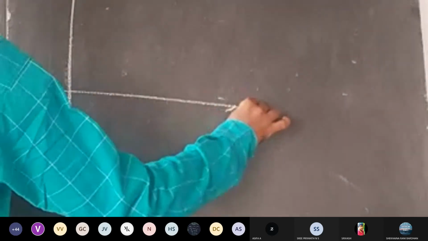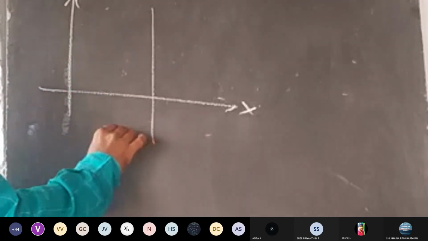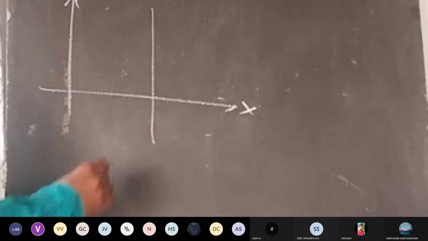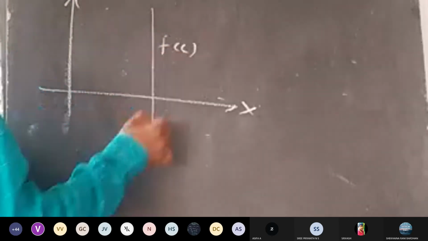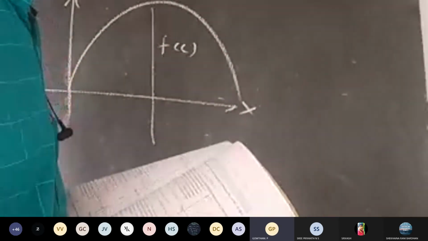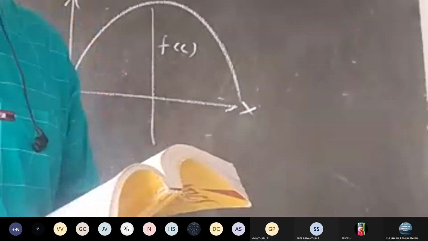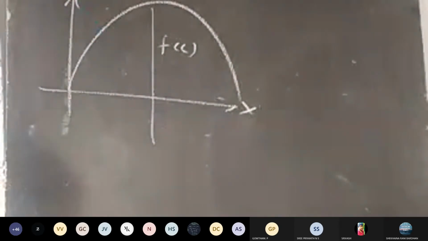So now here in this x-axis, in this condition, y-axis, where in this x-axis f of c are equal, that is called maxima and minima.